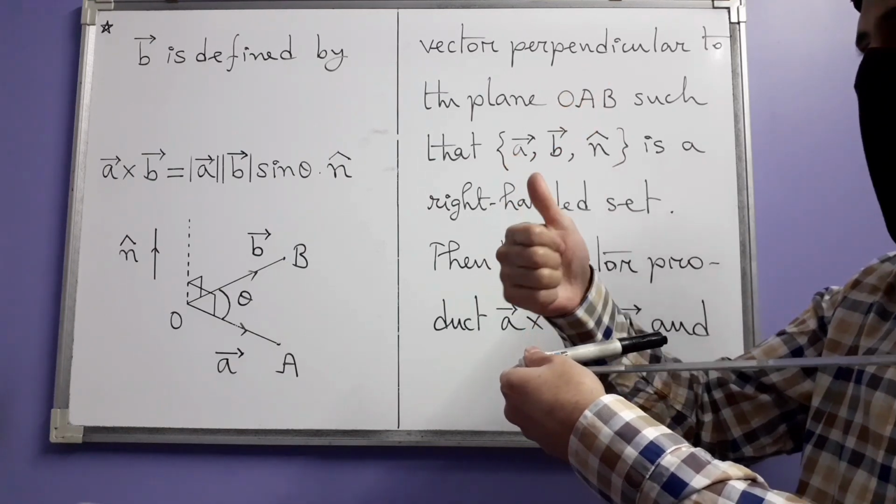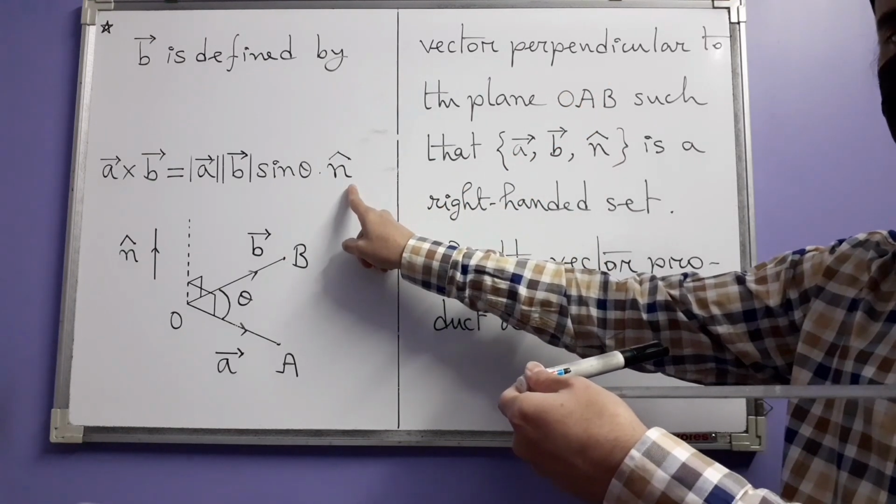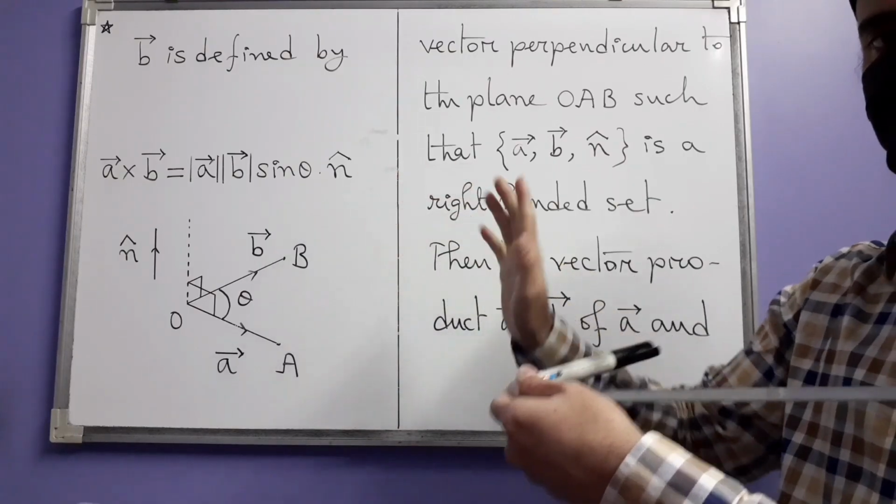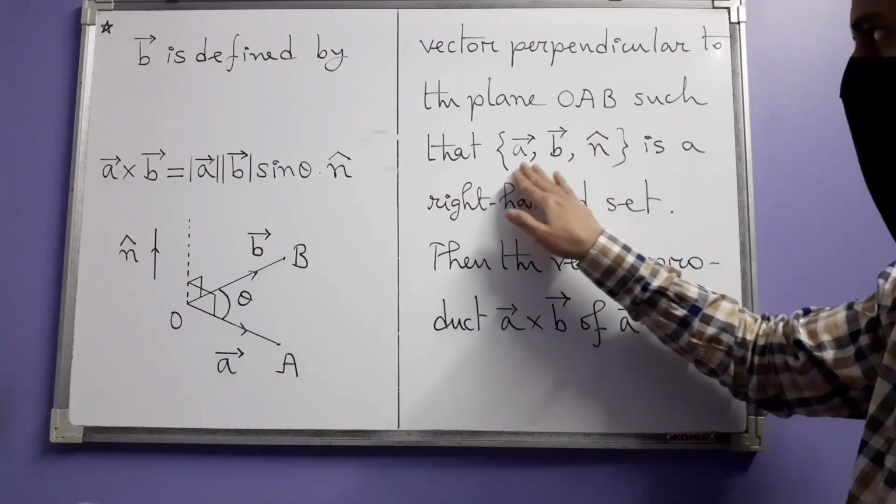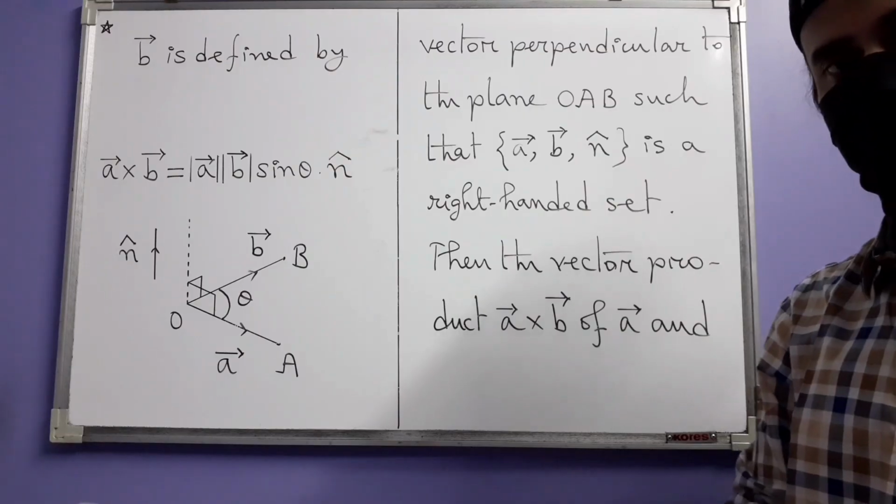So that is the direction in which n hat is pointing. If this is maintained, then this becomes a right-handed system.